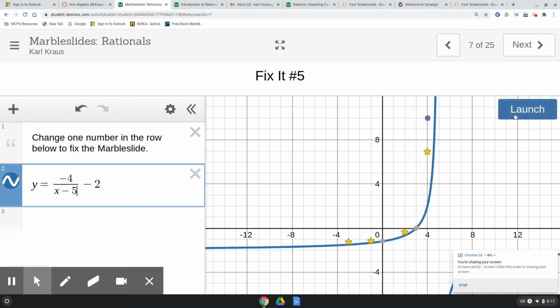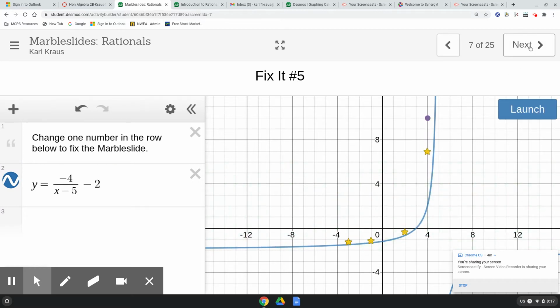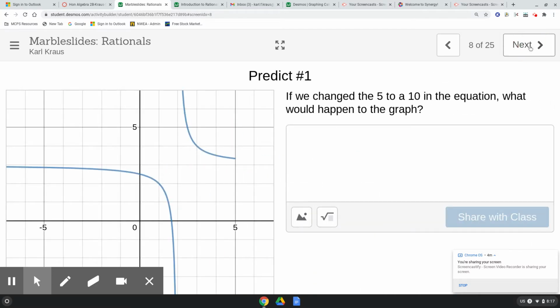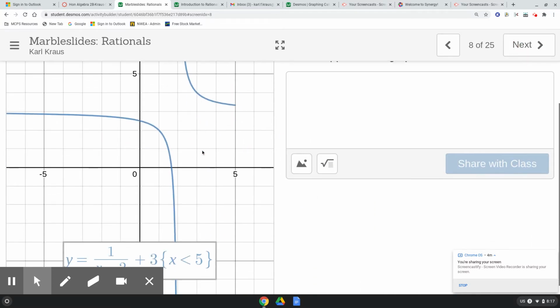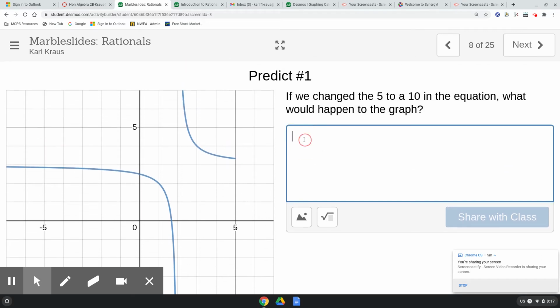And then hit launch. And that collects the marbles. And if we change the 5 to a 10 here, what will happen? The right branch will be extended.